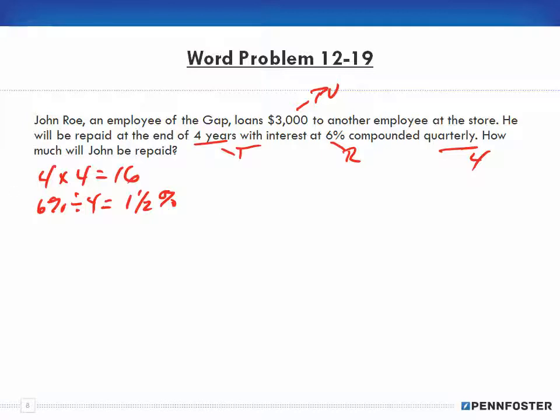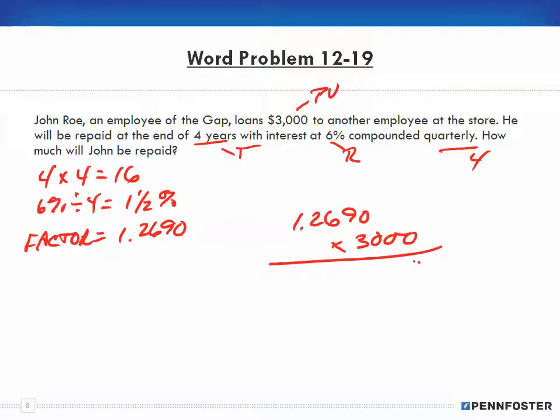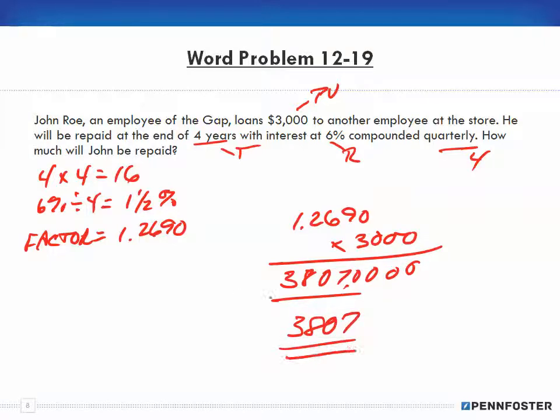I take the 1.2690 and multiply it by the $3,000. So I end up with $3,807. Okay.